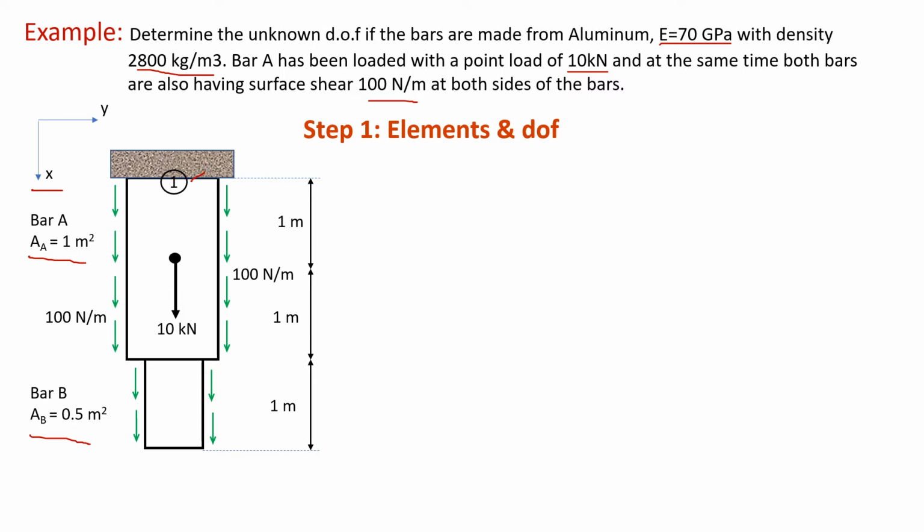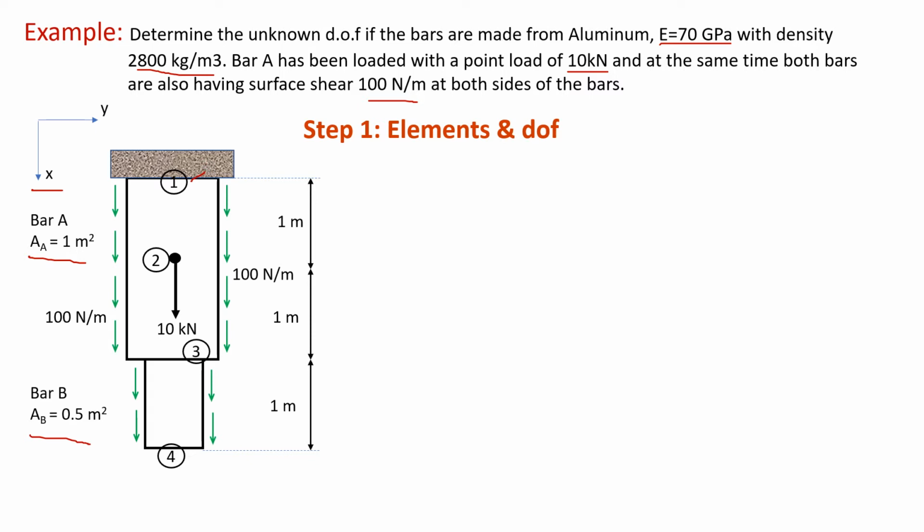Node 2 is at the point where the point load is applied, because we want to take this load into account. The third node is at the border between the two bars, because we have to account for this change in our system. The last one is the end of the structure, the limit of our calculation.